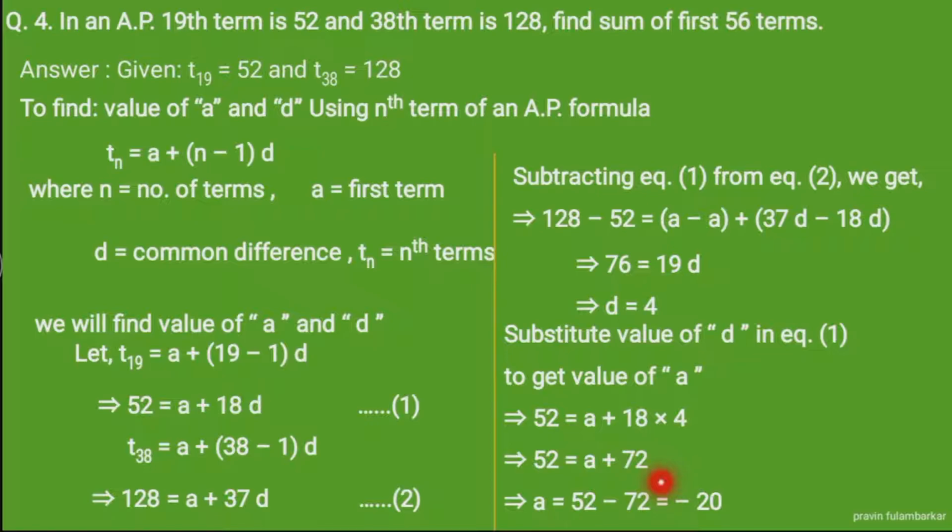Now transfer this 72 to the left hand side. We get minus 72. So 52 minus 72 is minus 20. So in this way we get the value of D, that is the common difference, and the value of A, that is the first term.